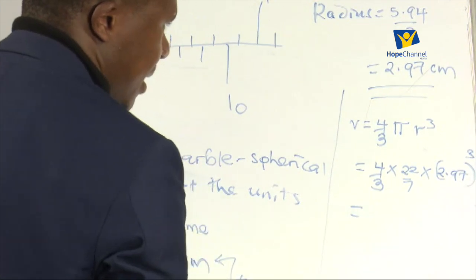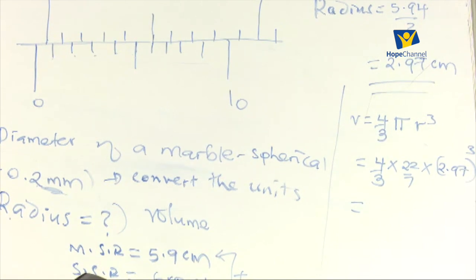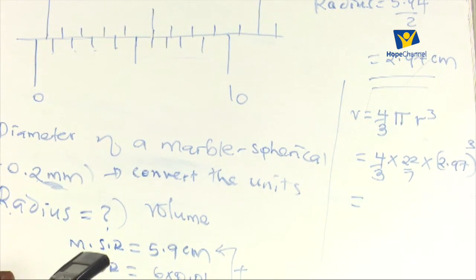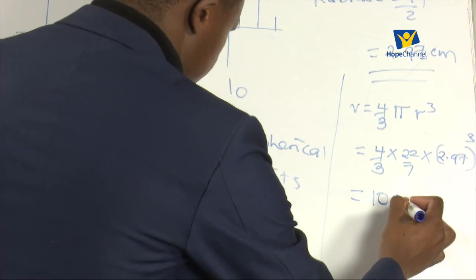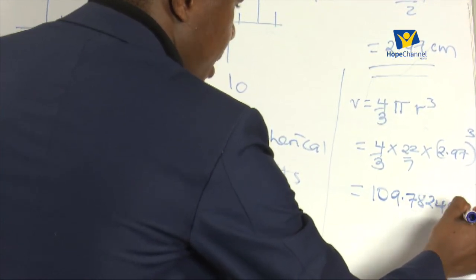It will give us some value. So that value becomes, let me do it here, 4/3 times 22 out of 7 times 2.97, the cube of that one. This is 109.7824 cubic centimeters.